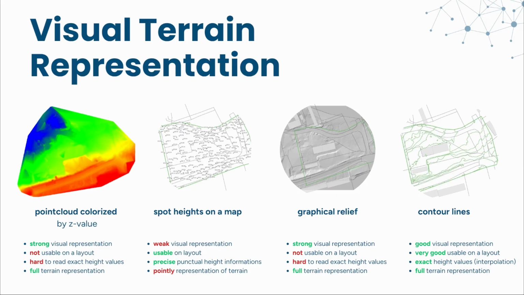All of these approaches describe the same surface, but they do not communicate it equally well. Some methods are highly precise, but difficult to read at a glance. Others are visually expressive, but less measurable. Contour maps stand out because they create one of the strongest balances between structure, clarity, and precision.